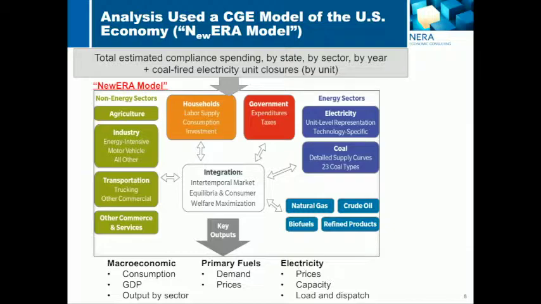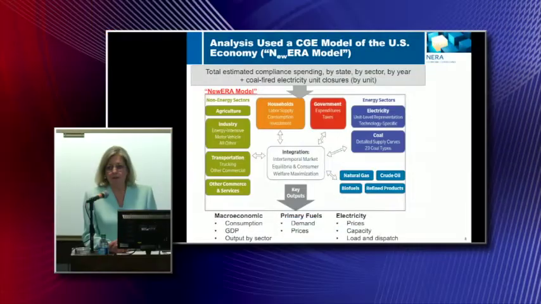And it's got individual sectors, which is mostly what you see in the various colored boxes here. We have several non-energy sectors: agriculture, industry, energy-intensive industry, motor vehicle manufacturing, other manufacturing, trucking, commercial trucking that is, other forms of commercial transportation, such as airlines and railroads, and then other commercial and service entities, all broken out separately.